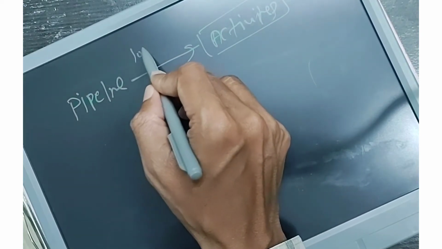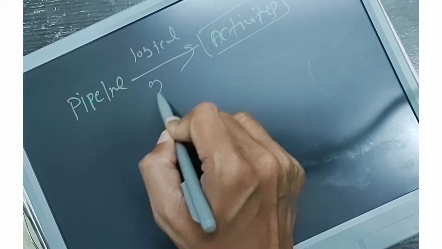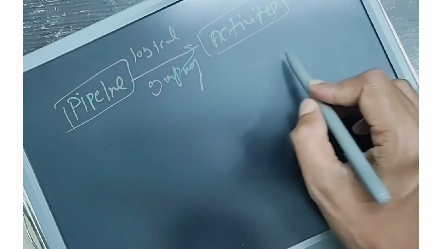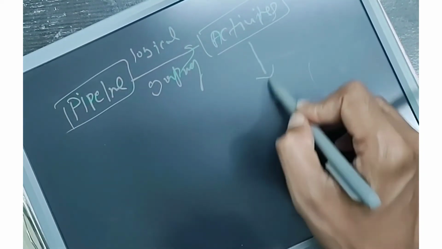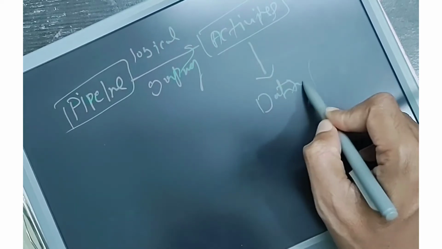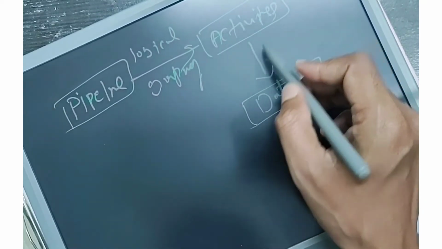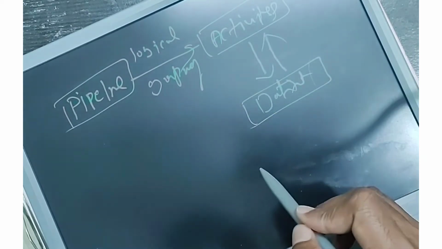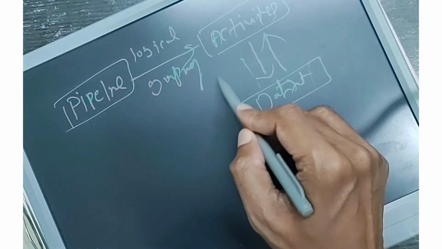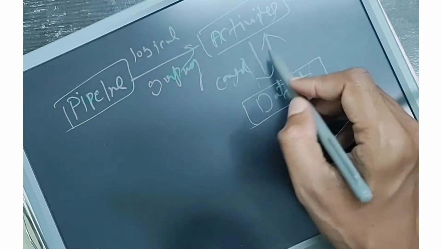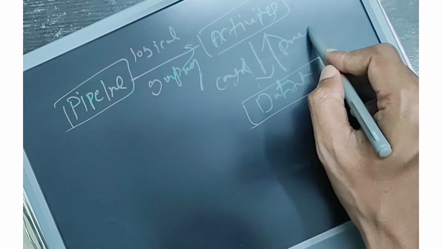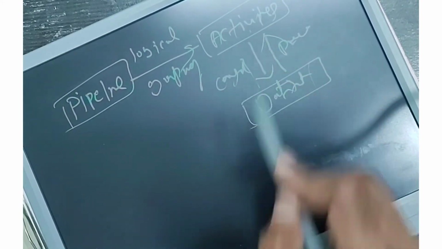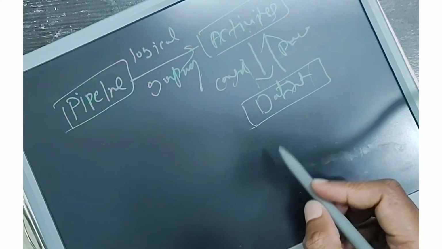Pipeline is a logical grouping of activities, right? Then your data set comes into the picture. You will consume and produce the data set after doing some activity action.